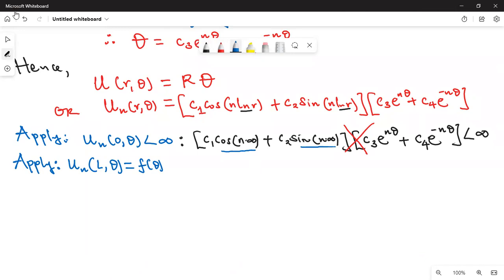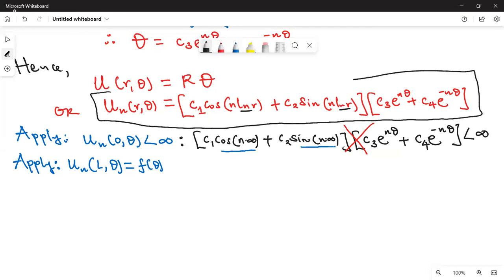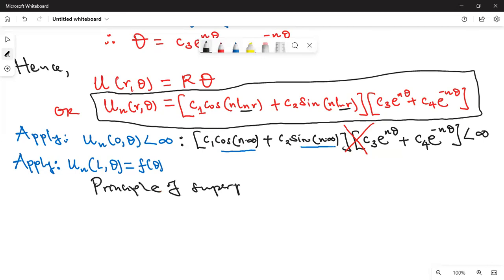Now, before I apply that condition, you can use the principle of superposition to combine these things as a summation. So, using the principle of superposition, this is what we'll have. What are we going to get?